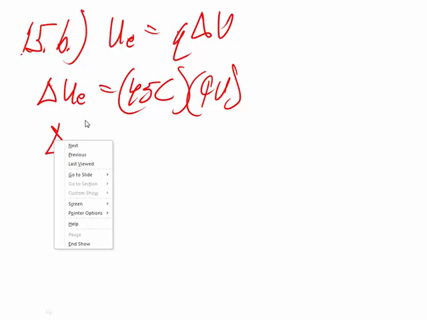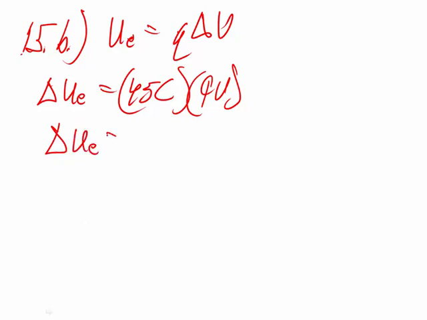So the change in electric potential energy is equal to 45 times 9, and we get 405 joules. So we get 405 joules of electric potential energy.